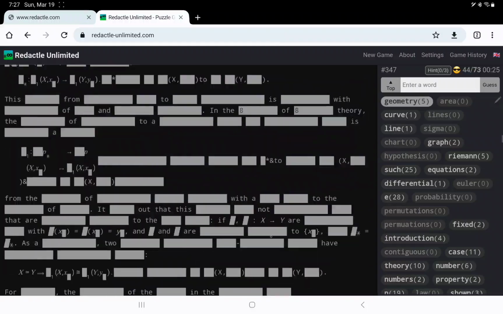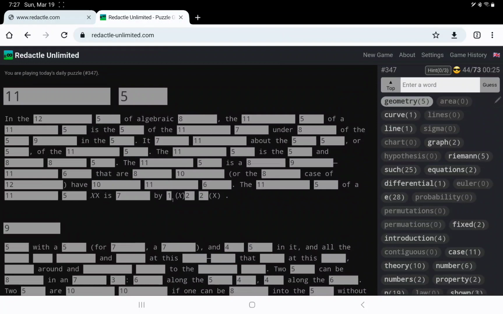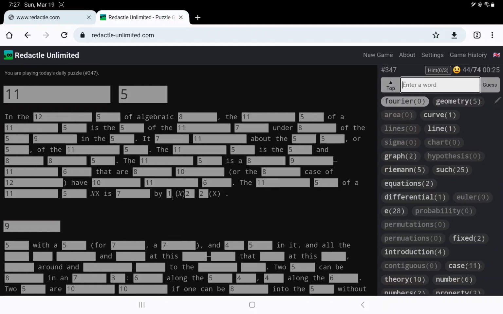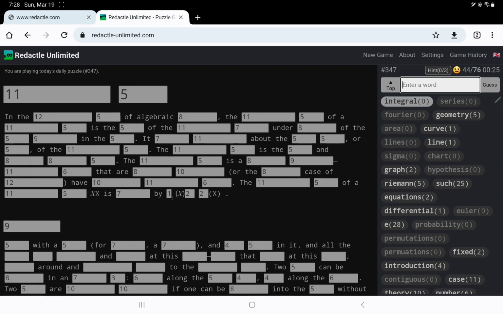We have 5 geometries, but looks like nothing up at the top there. Fourier series. So let's try Fourier. No. Series. No.